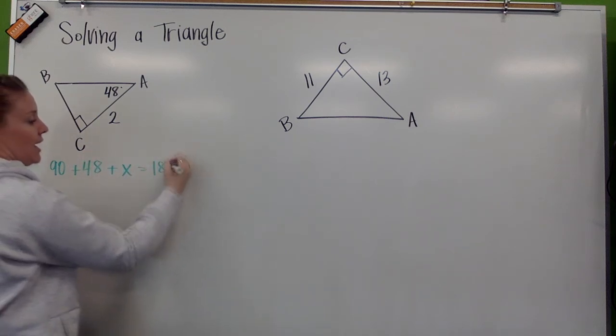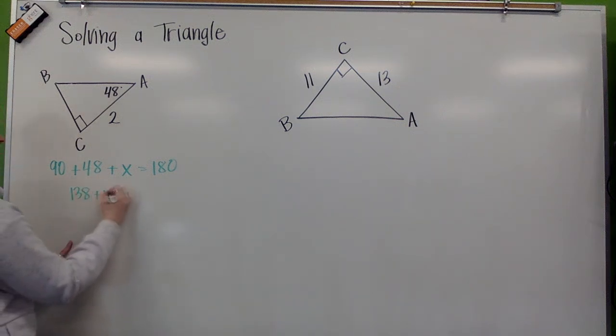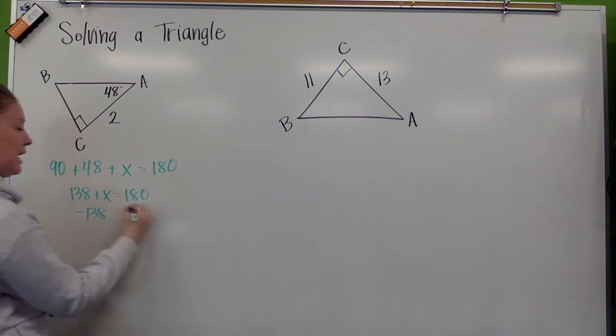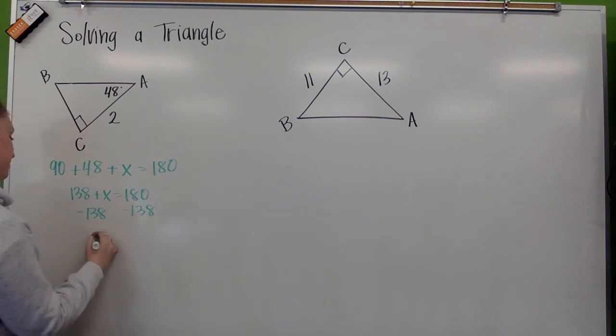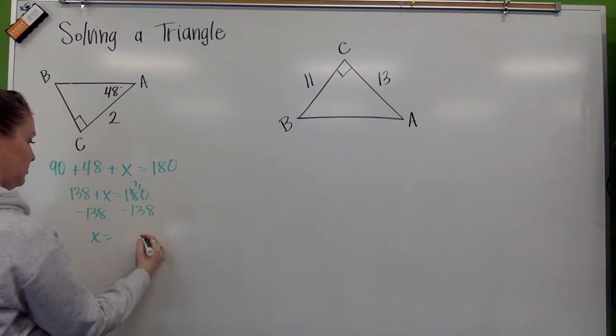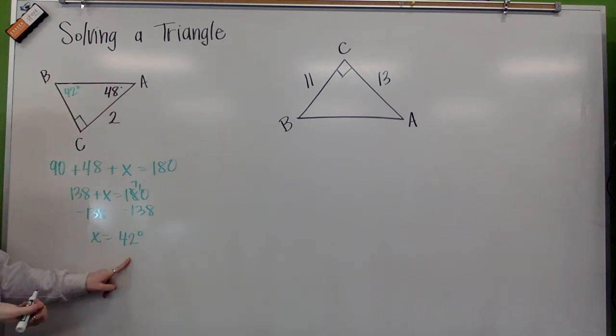That's got to equal 180. So this is 138 plus x equals 180. I'm going to subtract the 138, and my unknown angle is 42 degrees. So we found that.